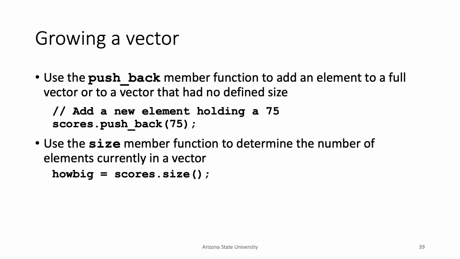But we can make a vector bigger. So for instance, this member function called push_back says, oh, at the very end of the array, I want to put the value 75 in the very last place as a new member in this vector.